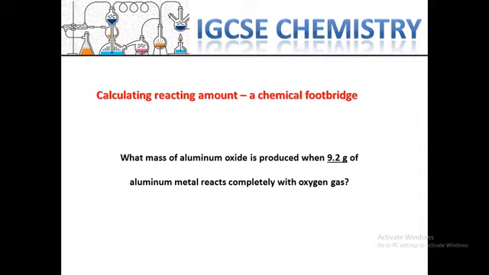I'm following your book, which gives one question: what mass of aluminum oxide is produced?